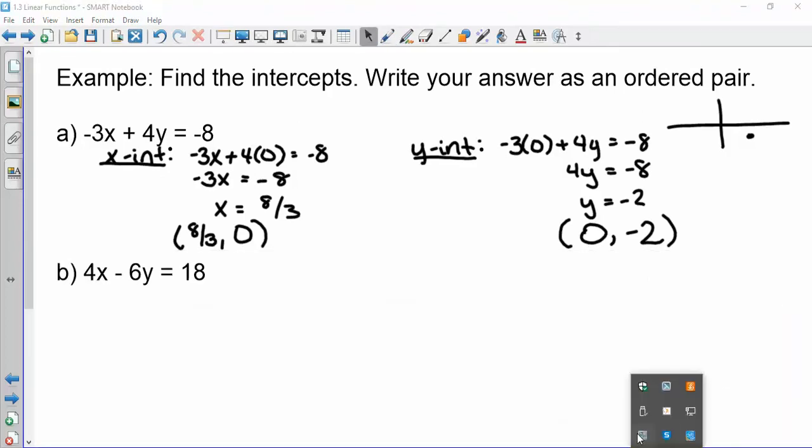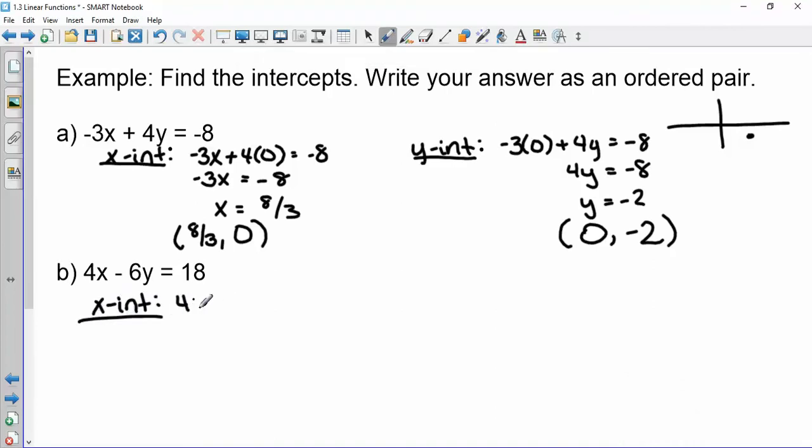All right, you guys do this one. Maybe a couple people with a slight calculation error. X-intercept, so you plug in a 0 for the y. Divide by 4, so 18/4 is 9/2.